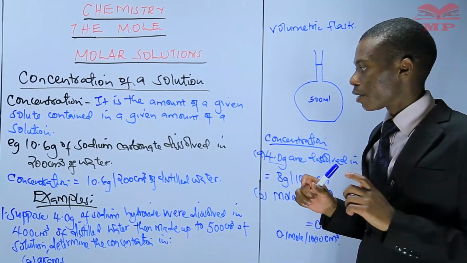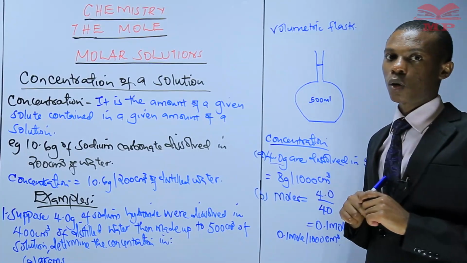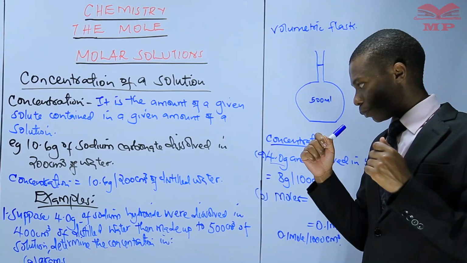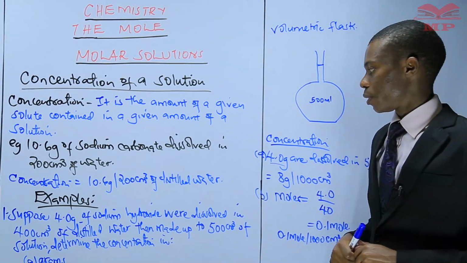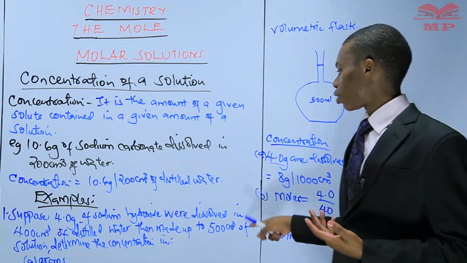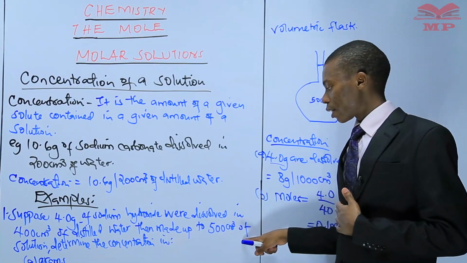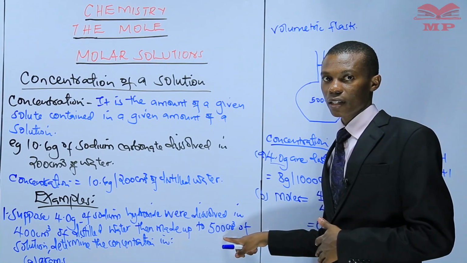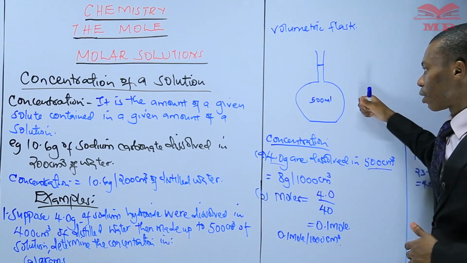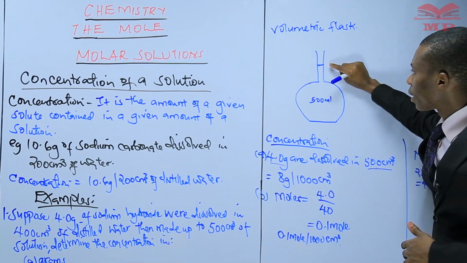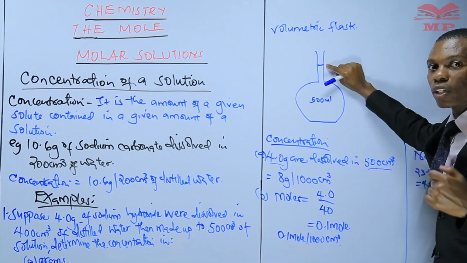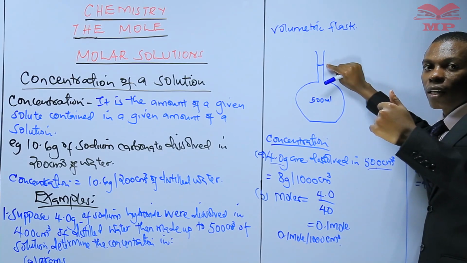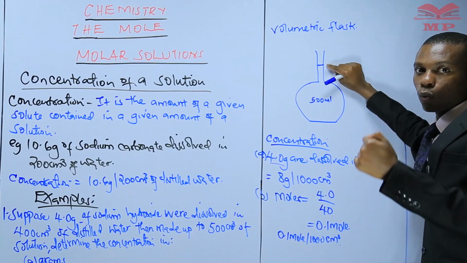The solution is transferred to a volumetric flask of size 500 centimeters cubed, and you top up until it reaches the mark exactly, because if it becomes more, the concentration will go down.